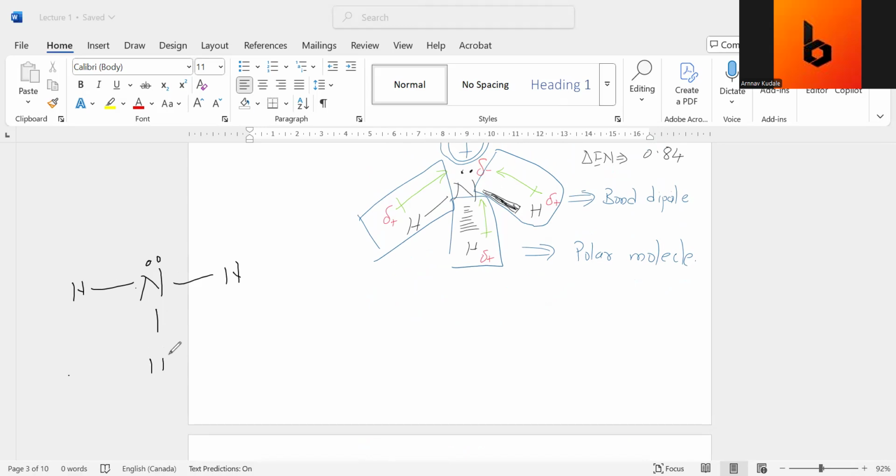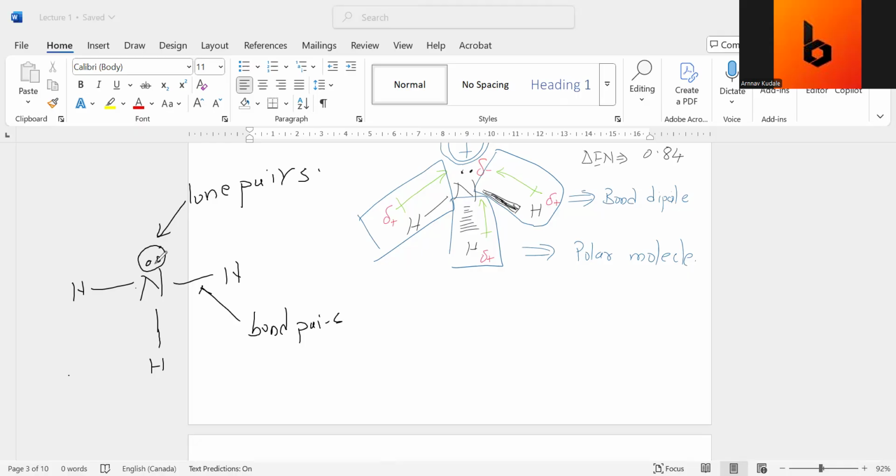If your teacher has already explained VSEPR, then she might have told you that these are the two lone pairs. These are lone pairs, and these are called bond pairs, correct? So we have three bond pairs and one lone pair.